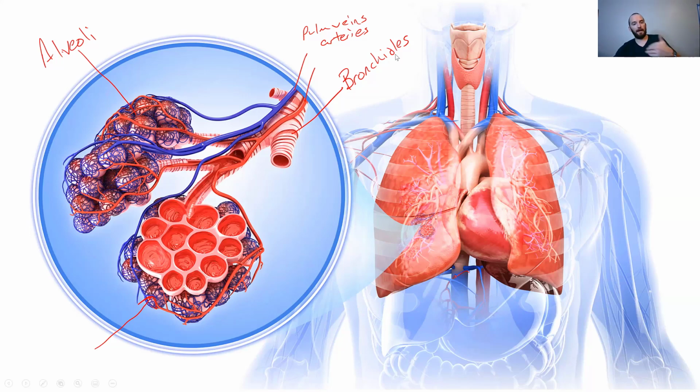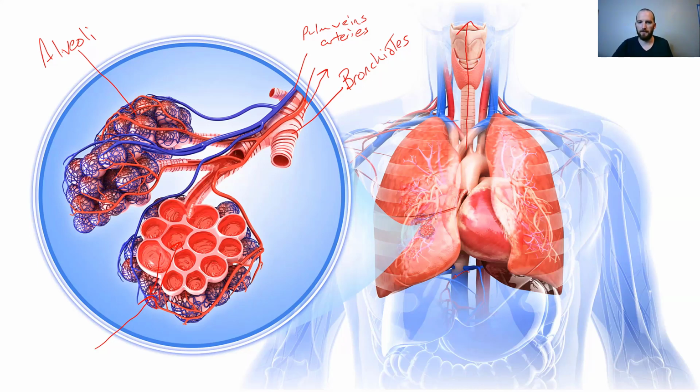And that's where, again, that oxygen moves into the bloodstream. It diffuses from the alveoli into the bloodstream, and that carbon dioxide in the bloodstream diffuses back out into the alveoli, and then it works its way back up the bronchioles, which eventually branch up to our big bronchi, up our trachea, and we're able to breathe it out.